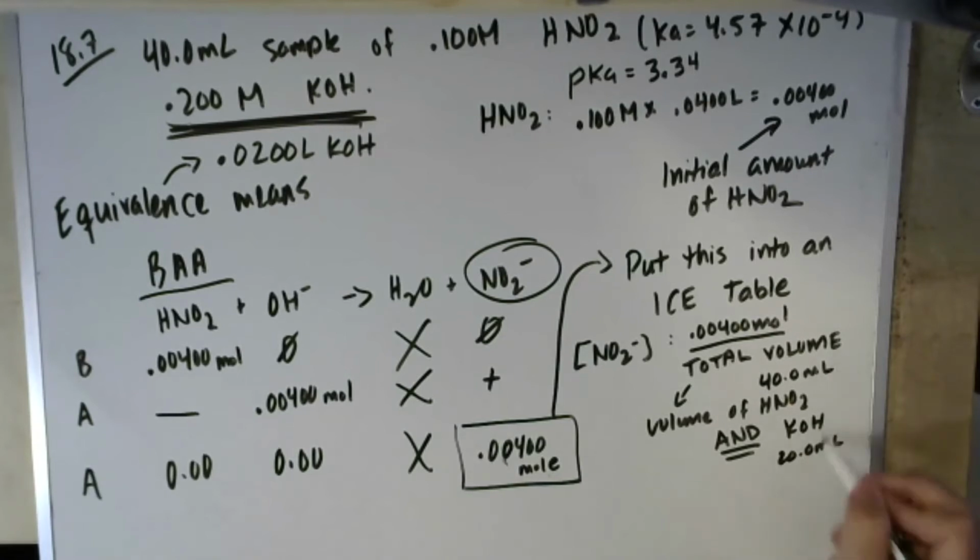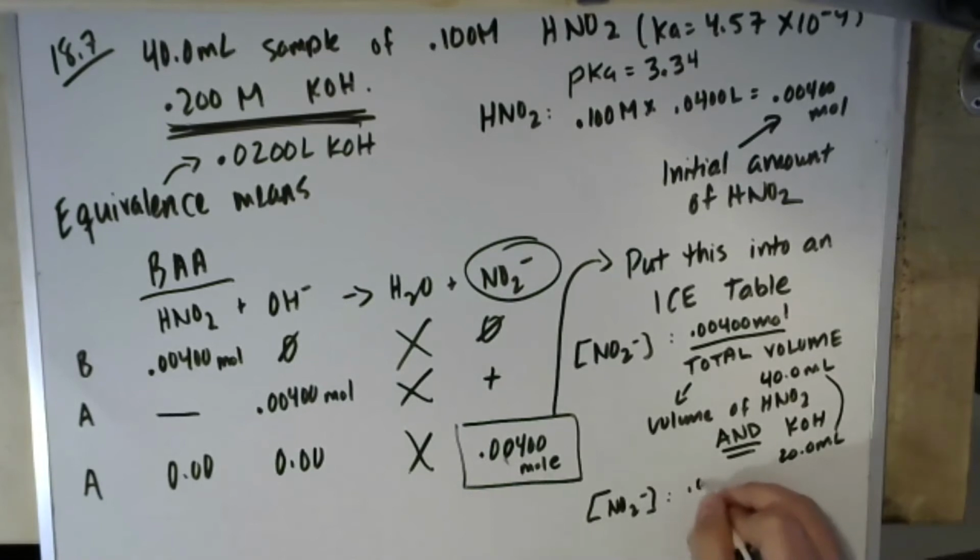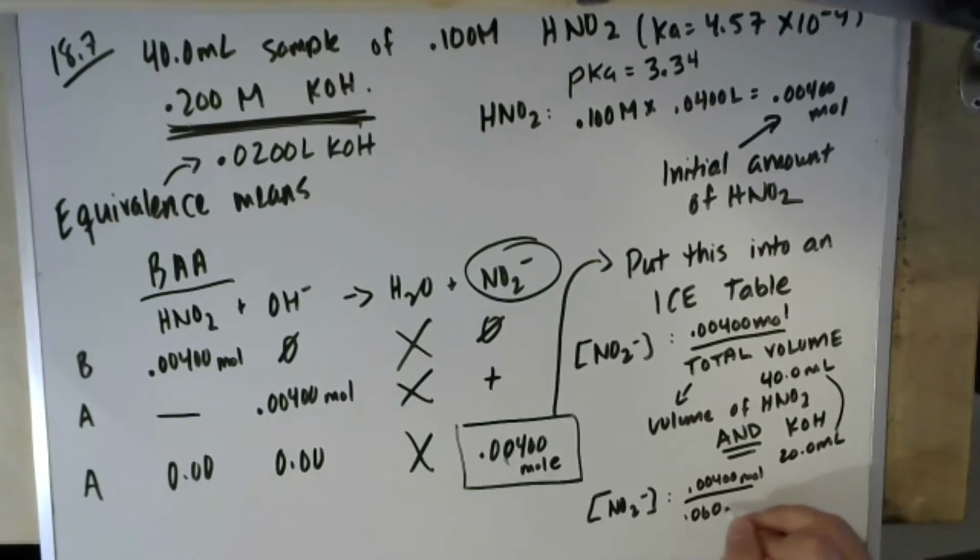So our total volume is going to be us adding these two values together. So to find the concentration of our NO2 minus, it's going to be 0.004 moles over 0.060 liters.